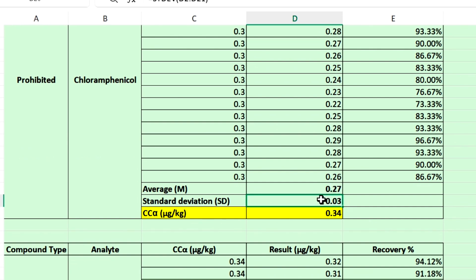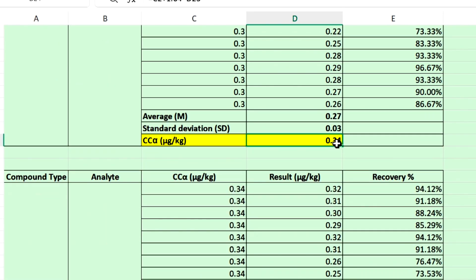Then you calculate CC alpha: CC alpha equals C2, which is the minimum required performance limit 0.3, plus 1.64, which is the factor, multiplied by the standard deviation 0.03. Then you get this result, 0.34.